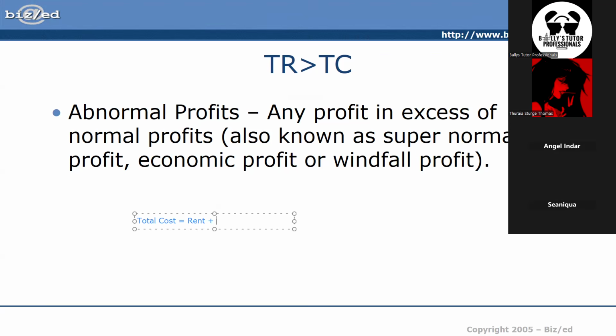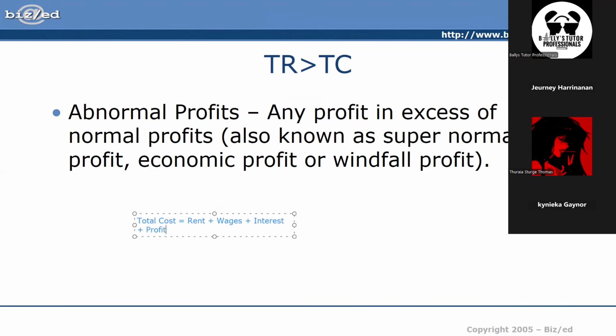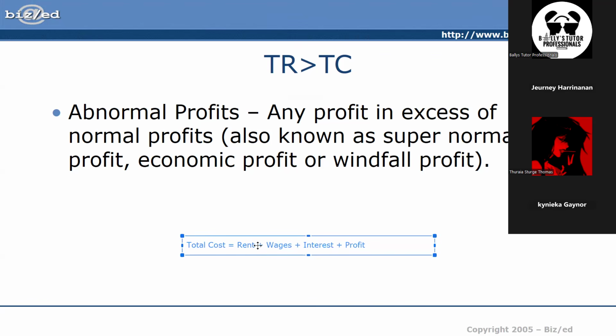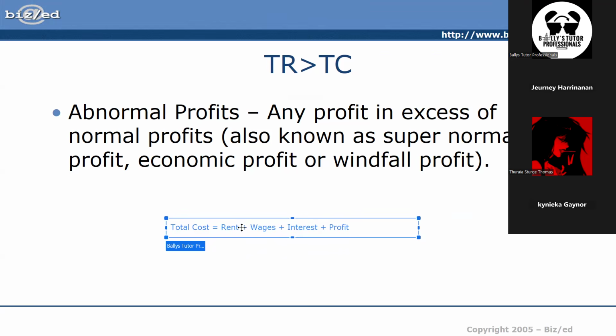Wages. Capital would be interest. And entrepreneurship would be profit. So in economics, when we are looking at our total costs, we are already including the profits for the entrepreneur. All right?